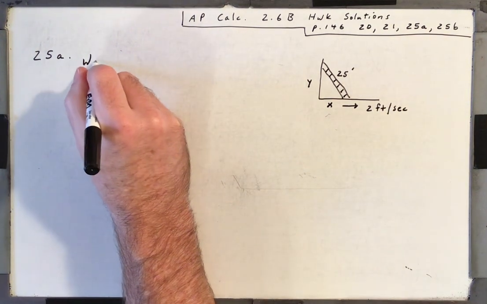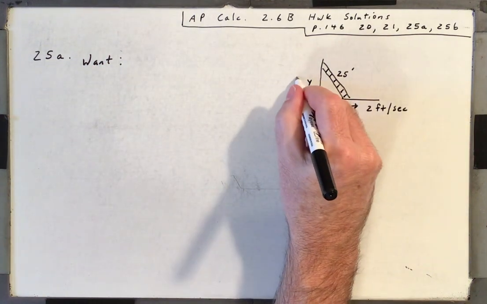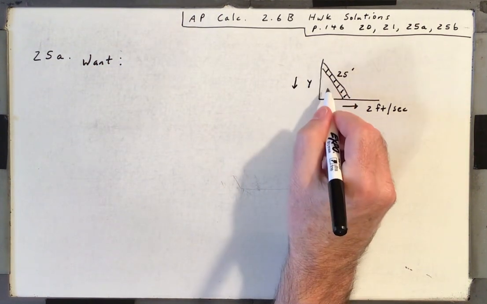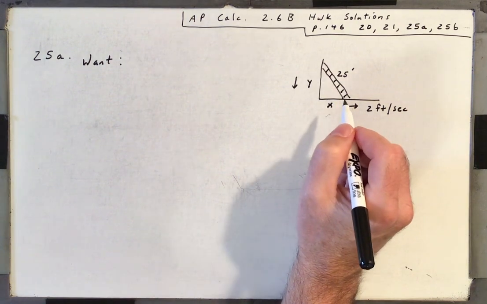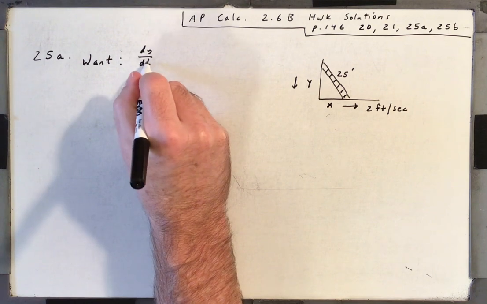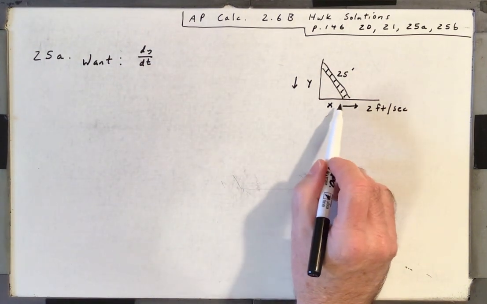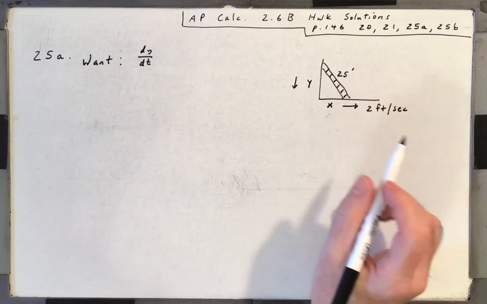What we want is the speed at which the top of the ladder is moving, and that would be dy/dt. It's not the same speed until it gets to a 45-degree angle, and then it would be the same speed just for that moment.